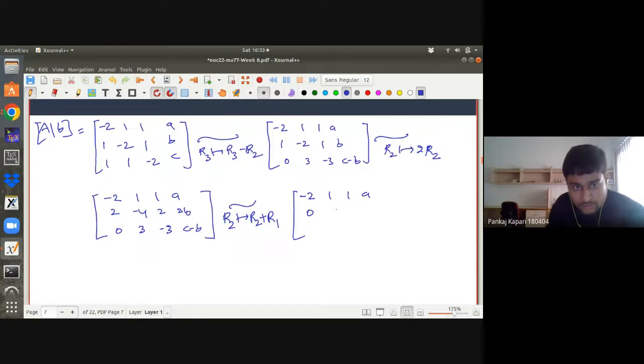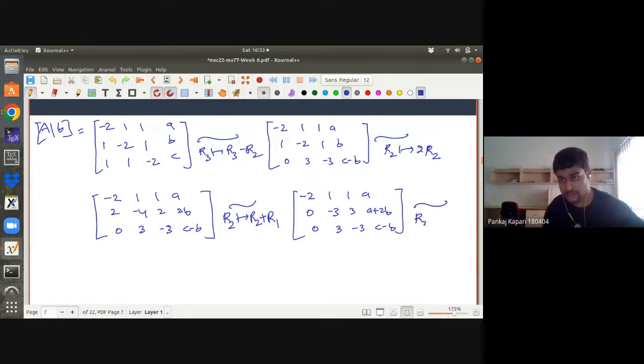This will become 0, -3, 3, and a plus 2b, and 0, 3, -3, and c minus b. Now we just add these two rows so that this entry will become 0. So what we'll do is change R3 by adding R2 to R3.